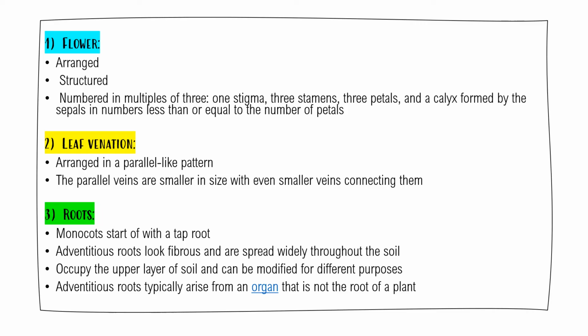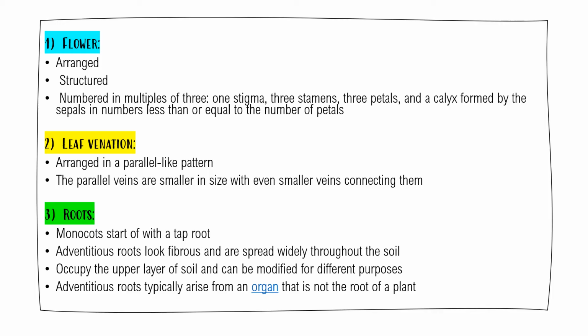Flowers usually arrange their parts in circles with the reproductive parts in the middle surrounded by petals and sepals. But in monocots, these flower parts are trimerous. In other words, the flower parts of a monocot are arranged, structured, or numbered in multiples of 3, usually with one stigma, 3 stamens, 3 petals, and a calyx formed by the sepals in number less than or equal to the number of petals.